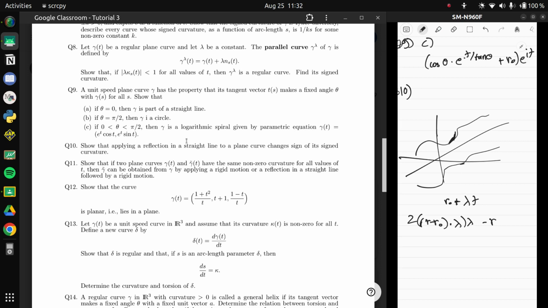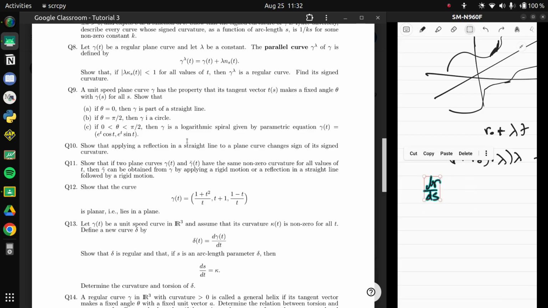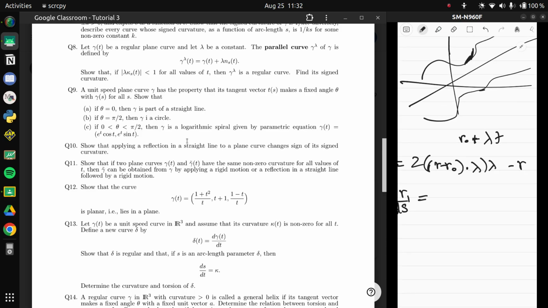So if you had to take the derivative of this stuff, so if you just had dr upon ds as the initial derivative, over here, let's call this thing r1. So dr1 upon ds, because the arc length is the same, it's just a reflection, the arc length doesn't really change. So what's that going to be?